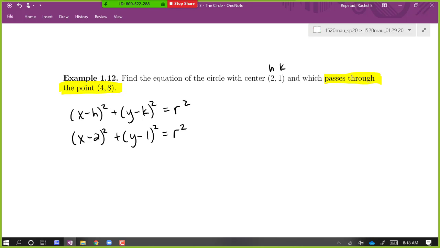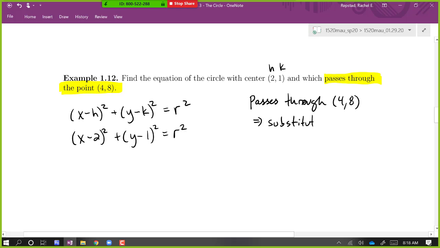If we know the coordinates of a point that a curve passes through, we can plug those coordinates in for x and y. So if it passes through the point (4, 8), then we're going to substitute x equals 4, y equals 8 into the equation.